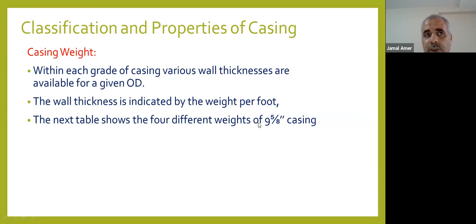That means the internal ID is different and the thickness is different. So we have different weight per feet, and the thicker it is, the more it costs.